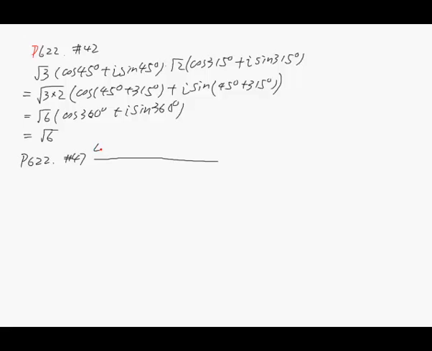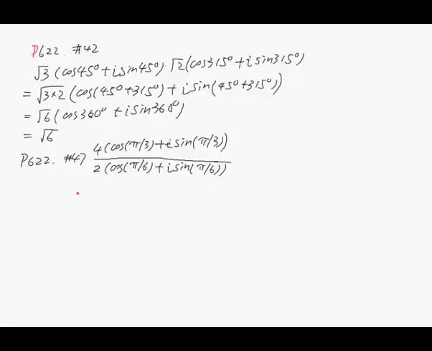We have 4 times cosine of pi over 3 plus i times sine of pi over 3, over 2 times cosine of pi over 6 plus i times sine of pi over 6.